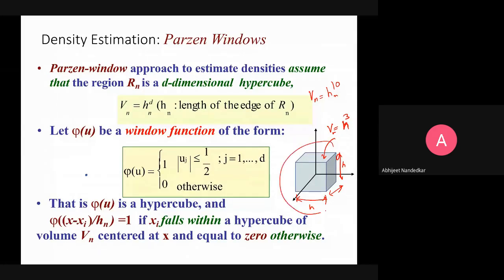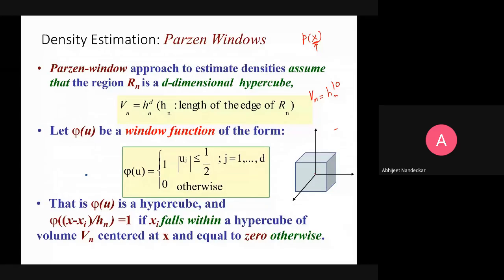This is my bin. Now what we are going to do is center this bin around the point of interest. So suppose I want to find out this probability at the point x. Okay, this is my point of interest.